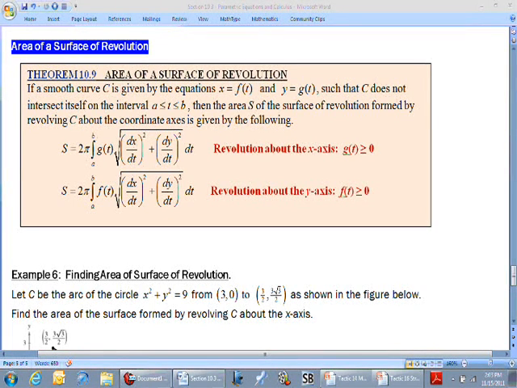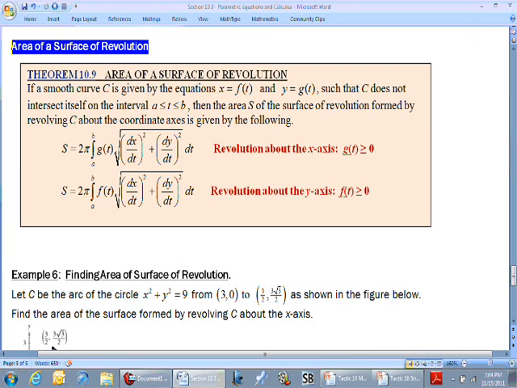And notice we do have two options here. We've got an equation for a revolution about the x-axis up at the top, and then an equation for the revolution about the y-axis. Now you should have already been exposed to surface area in terms of rectangular coordinate systems, and remember that you have a very similar looking formula.